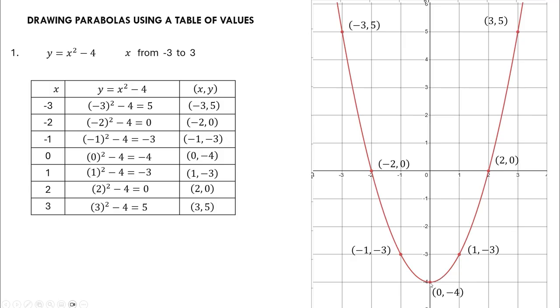This is called the vertex, and right at the vertex, the graph goes from one direction and starts going the other direction. In this case, this point right here also marks the point at which the graph crosses the y-axis, so it's also the y-intercept.